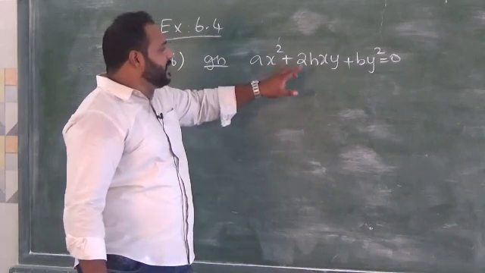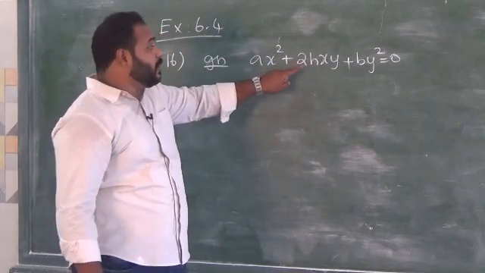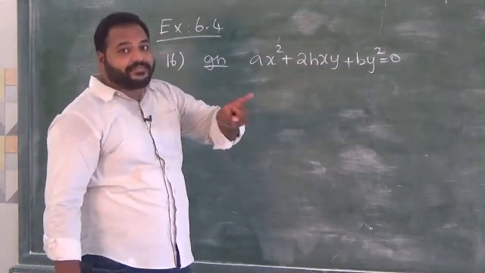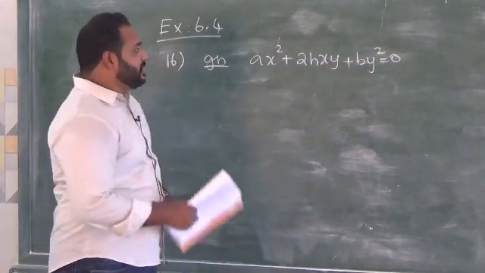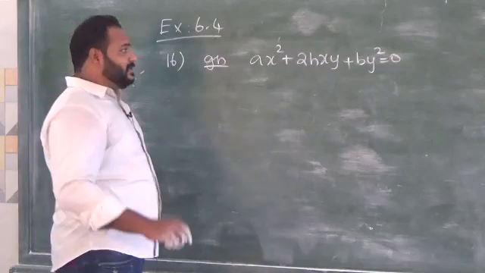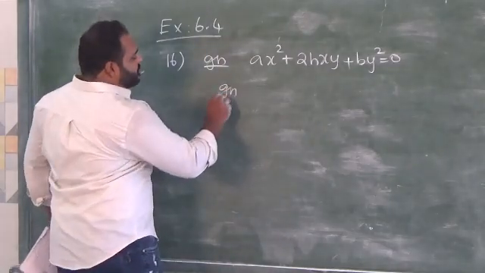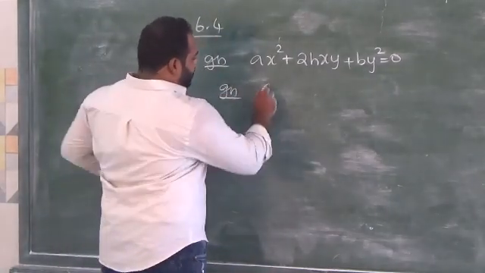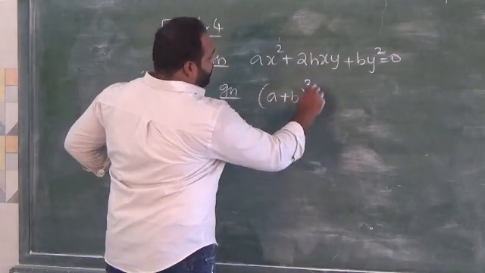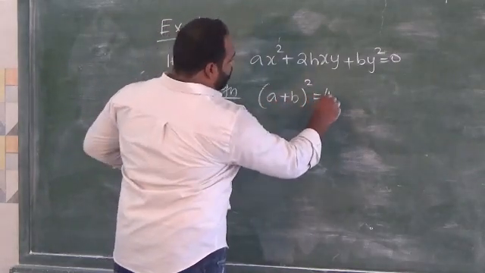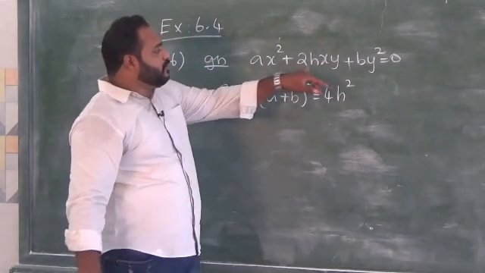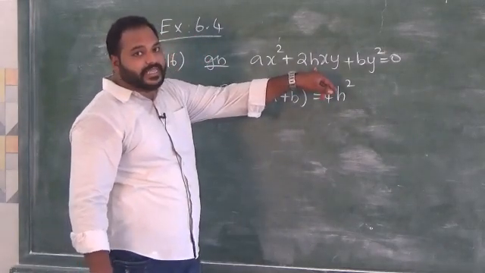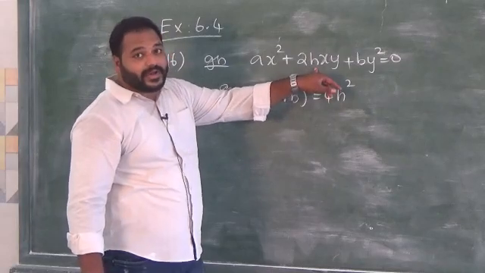So in this any one line we have to prove is bisecting the angle between the coordinate axis. Another given is a plus b whole square equal to 4h square. So using this condition we have to prove any one line from this equation is bisecting the coordinate axis.